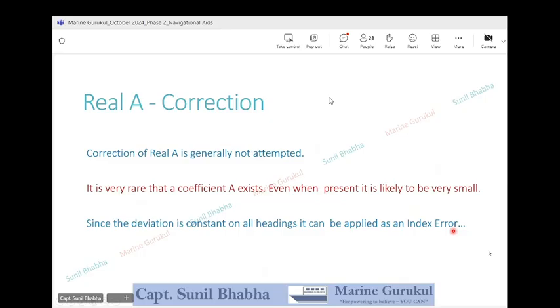Like, let us say, for example, the deviation card will tell you that the real A correction or index error correction is 1 degree east. So whatever deviation you obtain from the curve, you add 1 degree east to that deviation and it will give you the resultant deviation. So deviation being constant on all the headings, it is applied as an index error and the real A is not generally corrected.